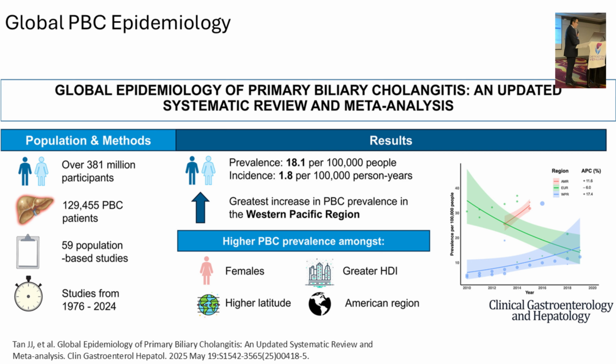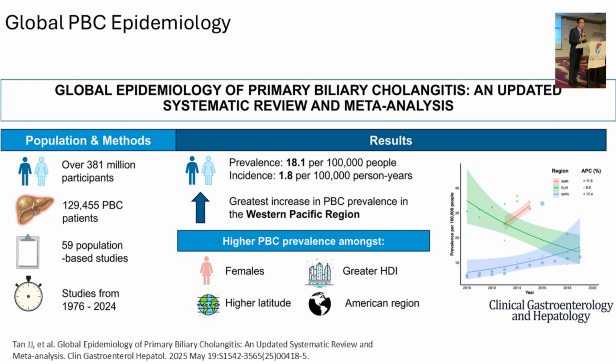So they account for many of the increased prevalence in PBC. The yellow line would be of interest to us. That's America. So America is also on the rise in terms of PBC prevalence, but we don't have the more recent data in the past 5 years.